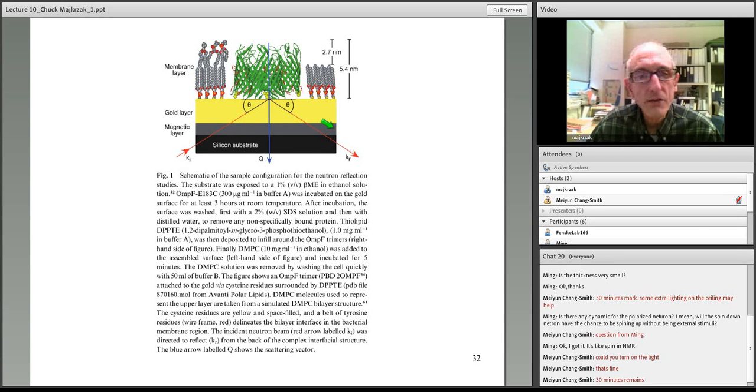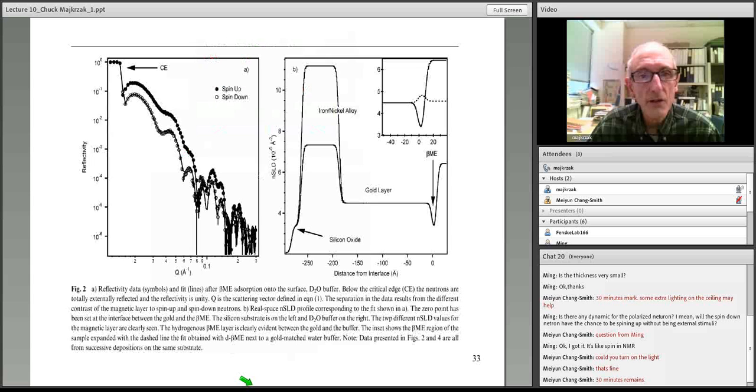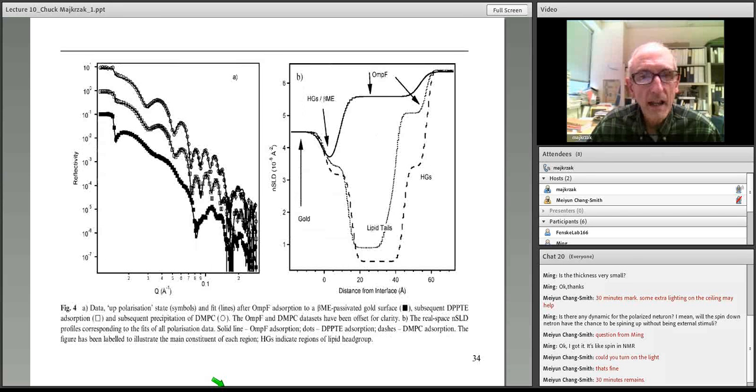The polarized neutron reflectivity data sets were collected for the composite systems, spin up, spin down, and from this it was possible to determine, after a set of different types of measurements under different conditions, where the material actually resided.